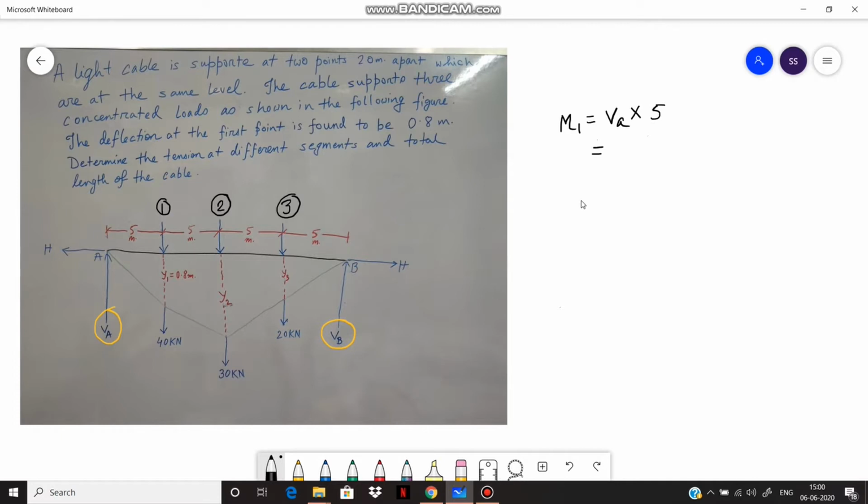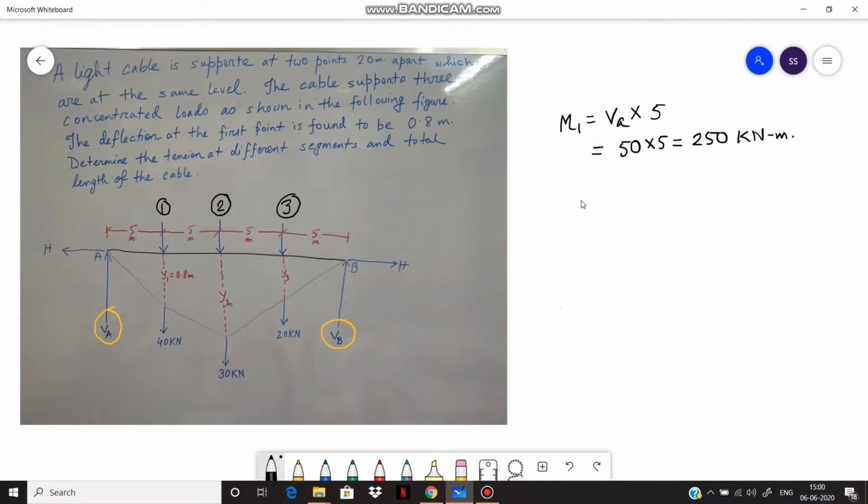So we have calculated VA as 50 kilonewton multiplied by 5. We get M1, that is, the moment about point 1 is 250 kilonewton meter.